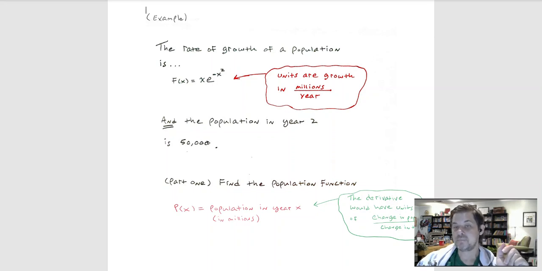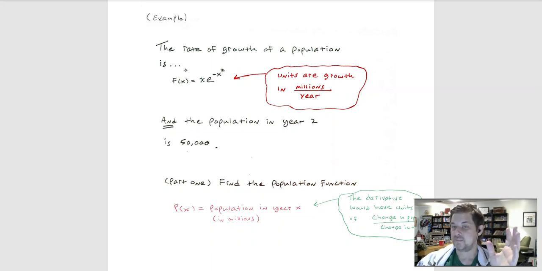Now, those numbers, that does not mean that if you put 2 into this function, you get 50,000, because what's given right here is not what this function measures. This measures how fast the population is growing. And then this thing right here, this number tells you what the population is. All right, now I emphasize that because there are those two things to keep in mind.